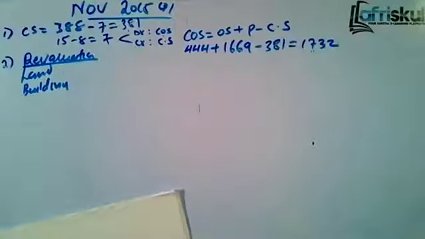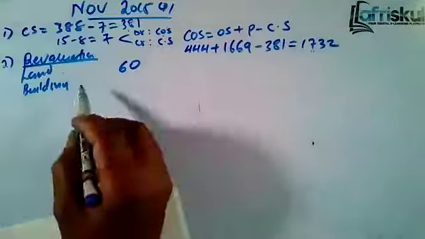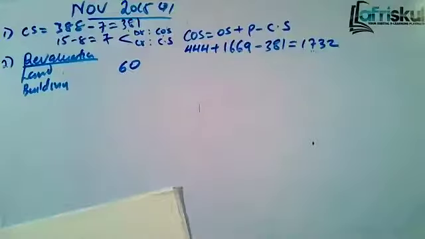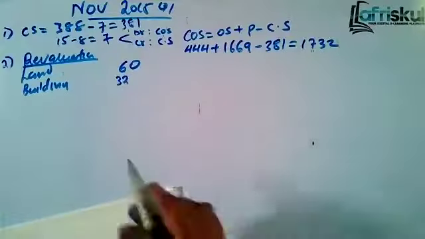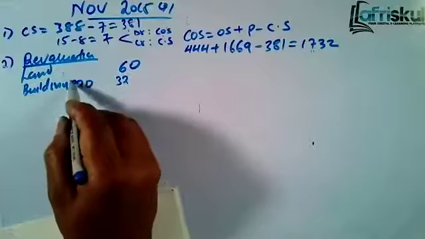So let's go to the trial balance. From the trial balance, we can see land and building at cost. The land is 60 million, but the total is 380. So if you want to get the building, it's just 380 minus 60. That means the building is 320.